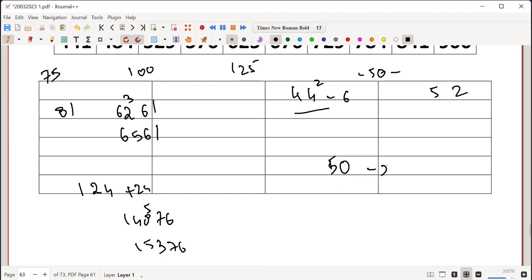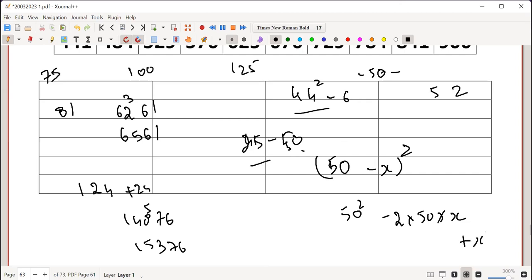Let's say 50 minus x whole square. That is for 25 to 49. You can use this. 50 minus x whole square is 50 square minus 2 into 50x plus x square. I am taking 50 common.